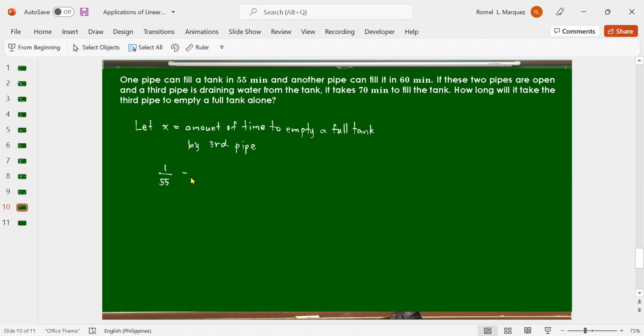So 1/55 ang napupuno niya per every minute. Okay? This is the part filled by the first pipe.